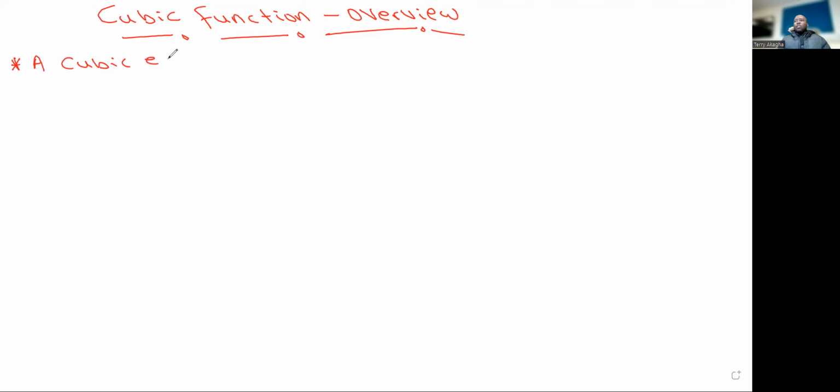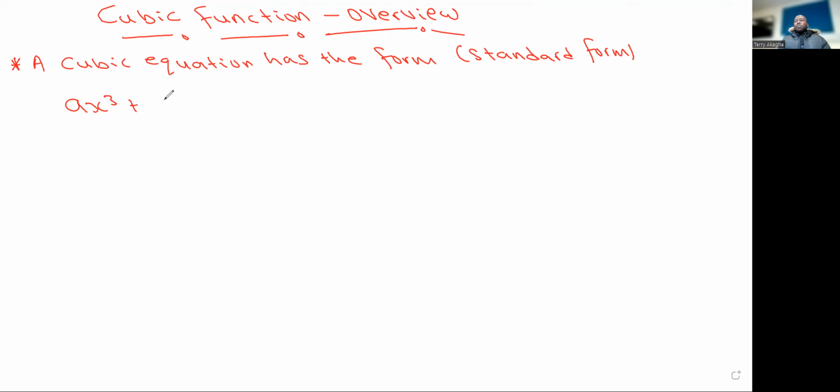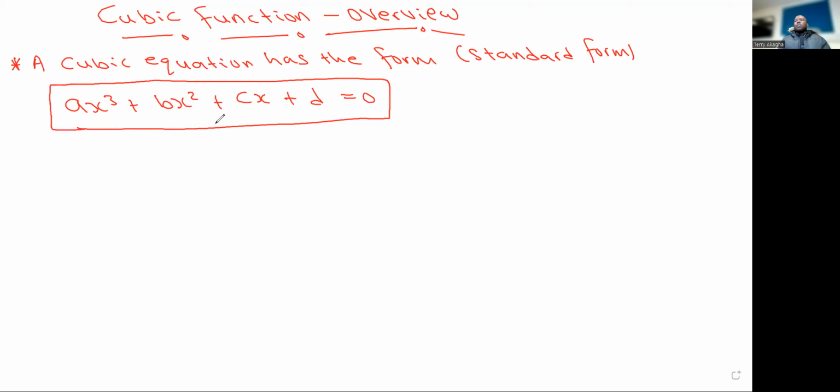So a cubic equation or a cubic function has the form: ax cubed plus bx squared plus cx plus d equal to 0. This form is what we call the standard form.